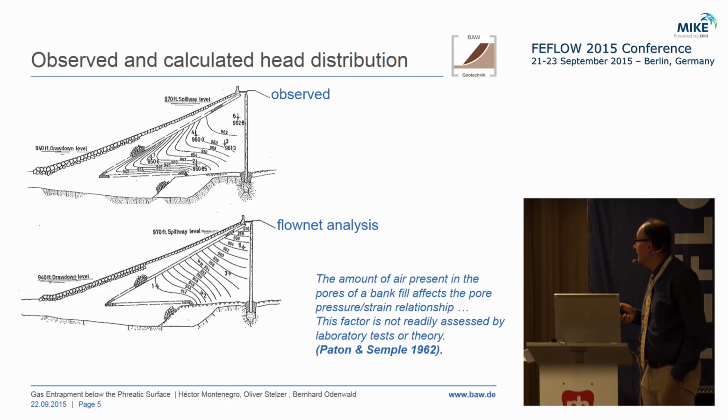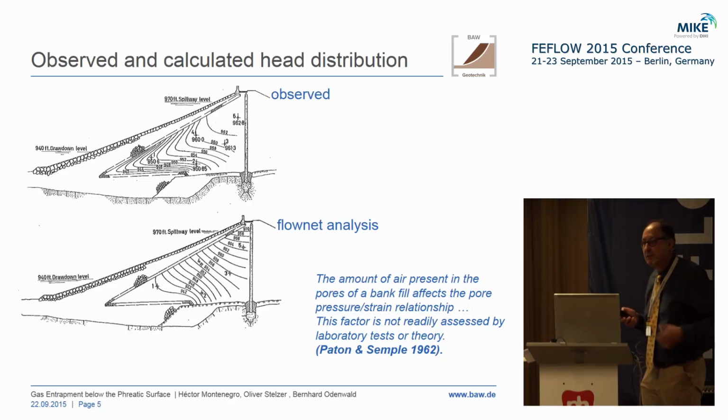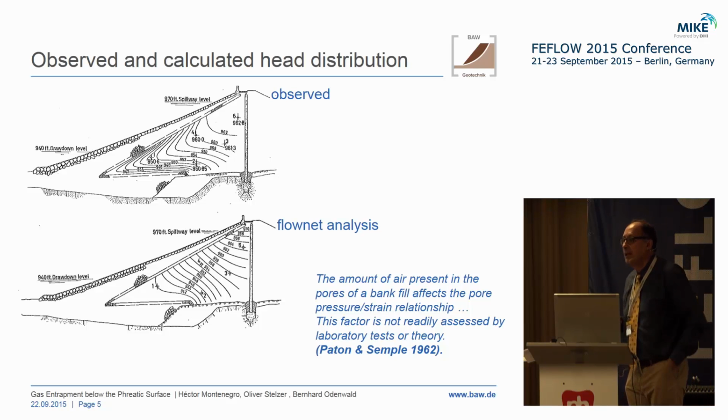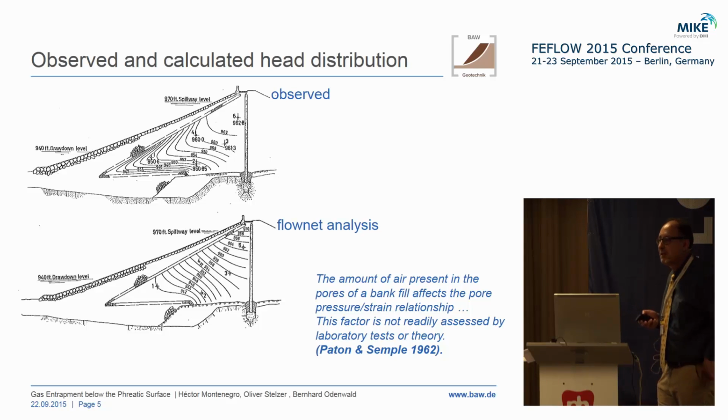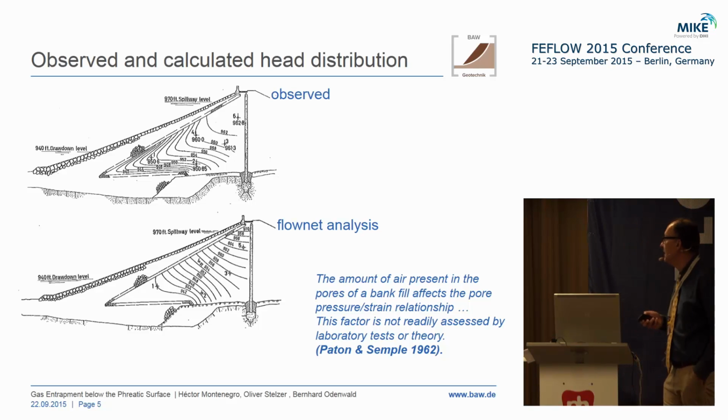There are hydraulic gradients from the inside of the core to the outside. They would not have expected any gradients. And as we know from the other talk, these hydraulic gradients can be critical. They can lead to erosion processes in this kind of material.